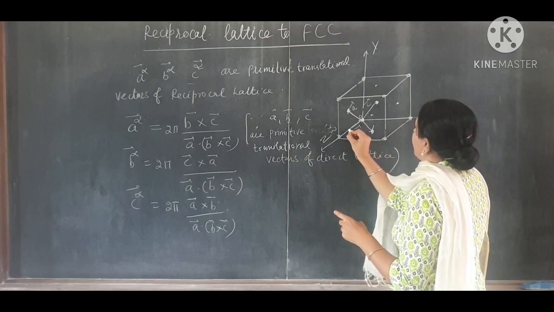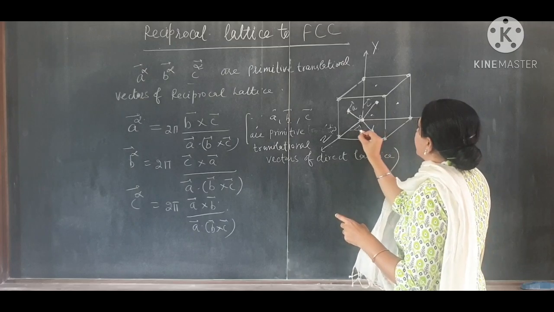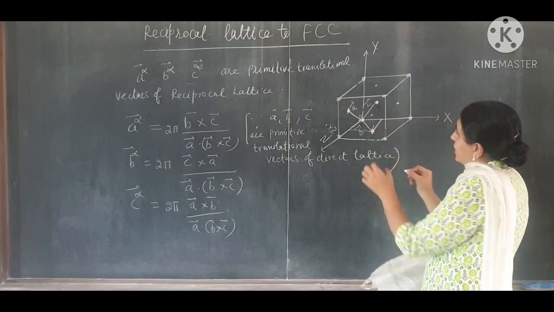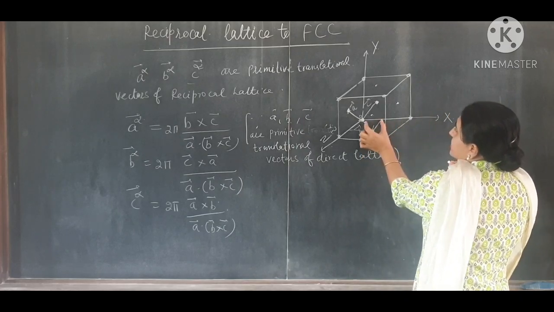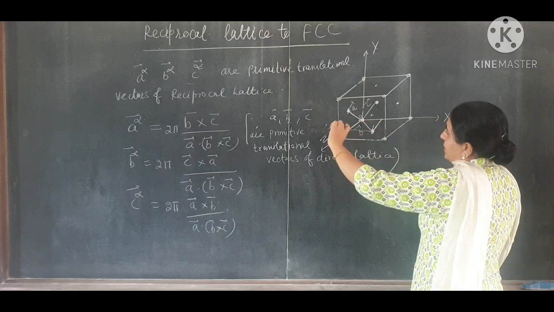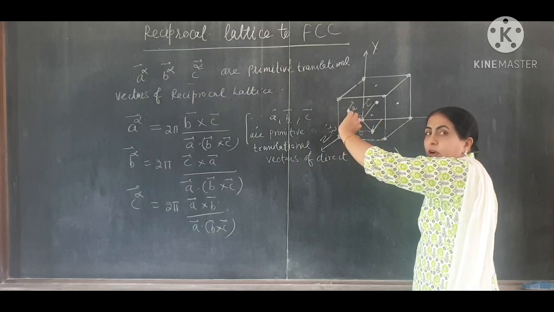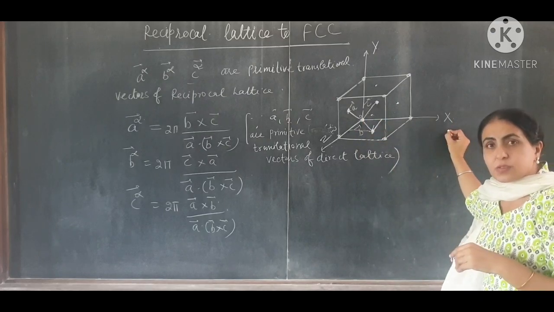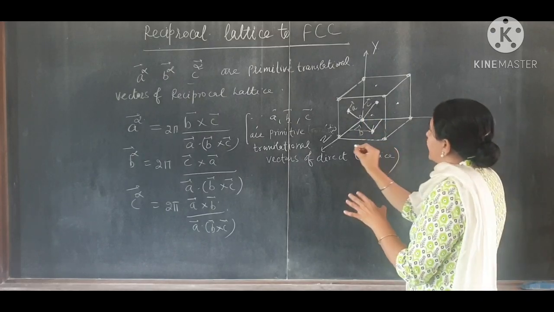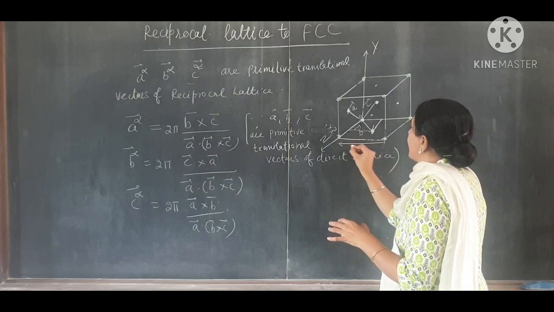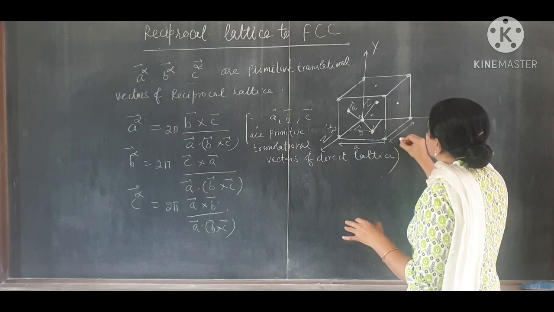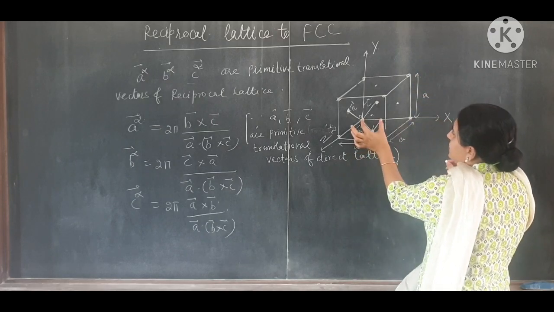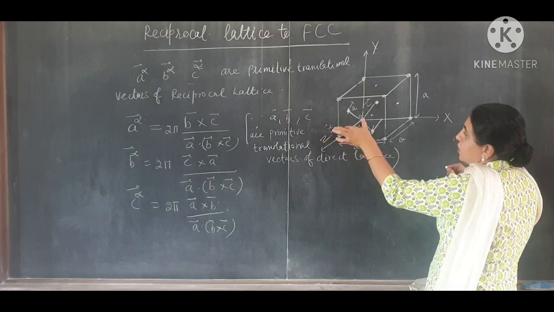To reach this point, the distance moved on the x-axis is half, and on the z-axis is also half. The edge length of this cube is a, and this is also a, because it is cubic. So this distance is a by 2 and this distance is also a by 2.